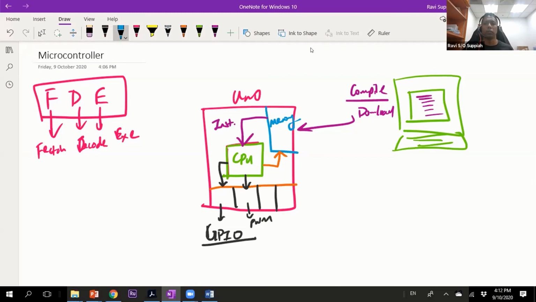That means you first need to make sure your software is written correctly. At the same time, you also need to make sure your hardware is wired up correctly. When I write code to, let's say, activate the PWM and you run the code and it doesn't work, you need to look at both sides. Firstly, is my software written correctly?